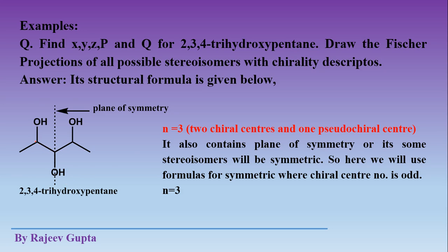Also it contains 3 chiral centers. This carbon is chiral because all the 4 groups are different. This is also chiral, or specifically it is called pseudo chiral. We discussed earlier what pseudo chiral is. So here we will consider n equals 3, 2 chiral centers and 1 pseudo chiral center.